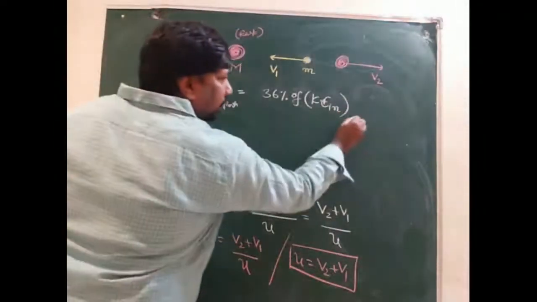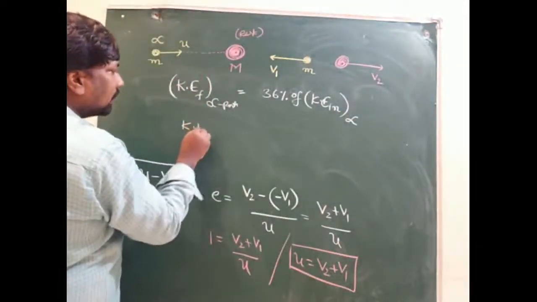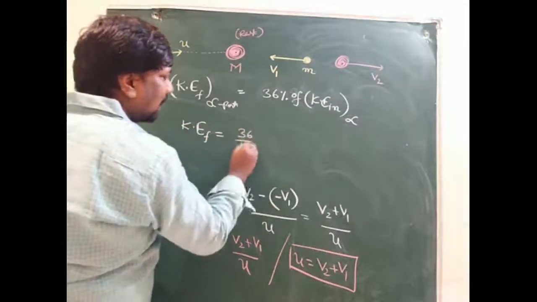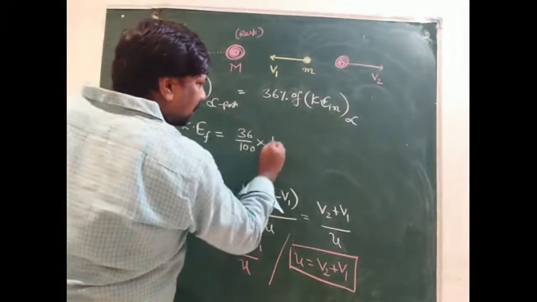So KE final equals 36 by 100 into the initial kinetic energy.